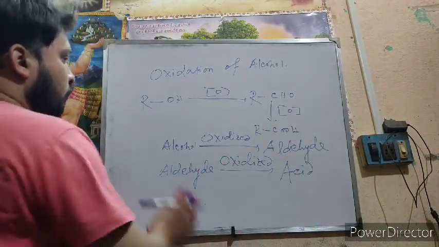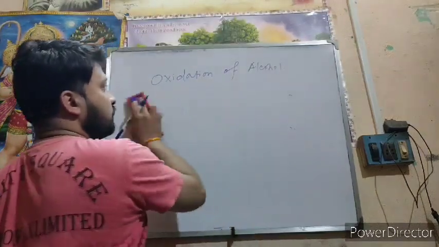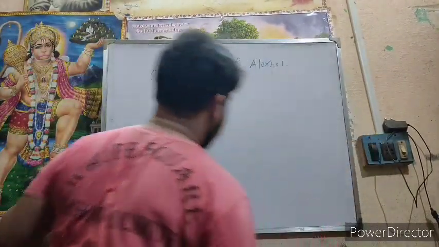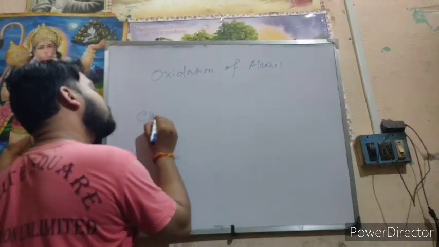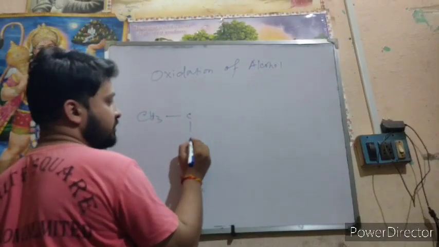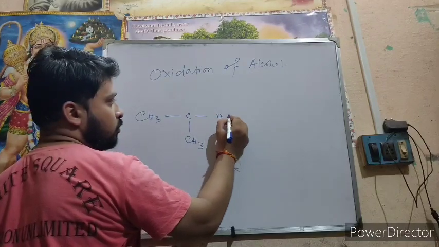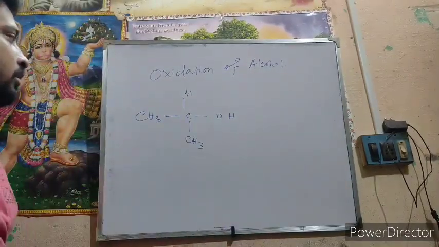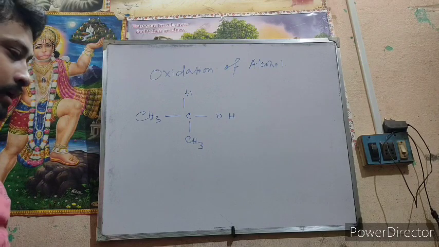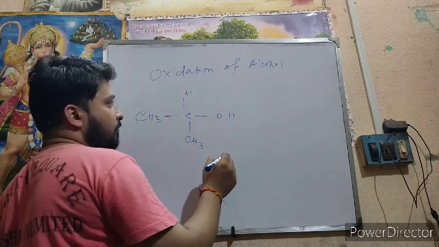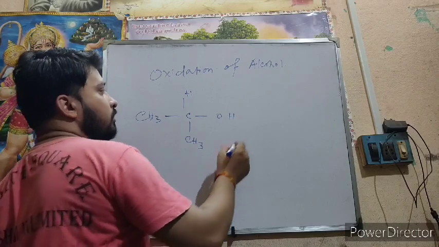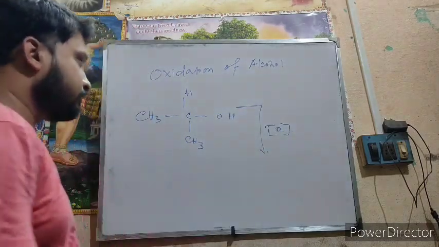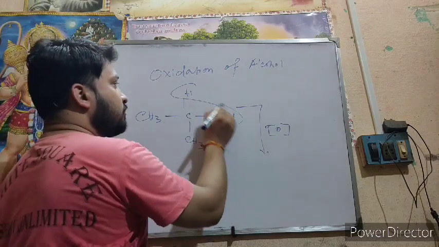But it is for 1 degree. Now take 2 degree alcohol. If you take CH3CHOHCH3 and here H, and oxidize it with the reagent, hydrogen is removed from here.